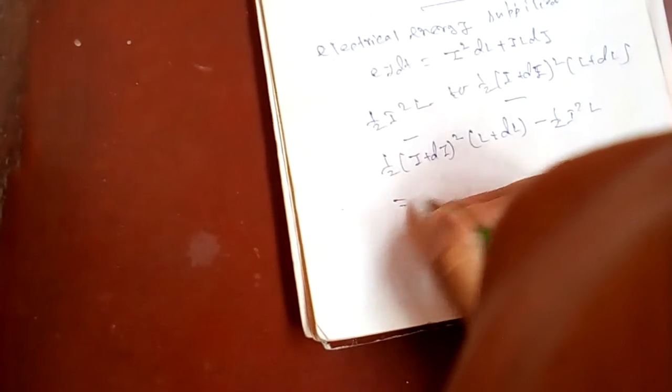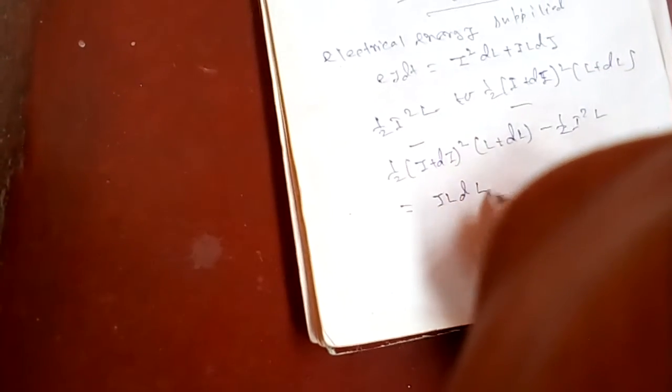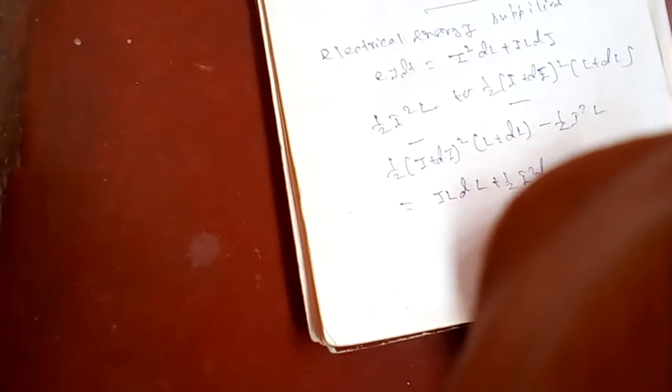Suppose the stored energy changes from half I square L to half I plus dI whole square into L plus dL. The total change is this minus that: half I plus dI square into L plus dL minus half I square L. Neglecting the higher order terms, we get I L dI plus half I square dL.